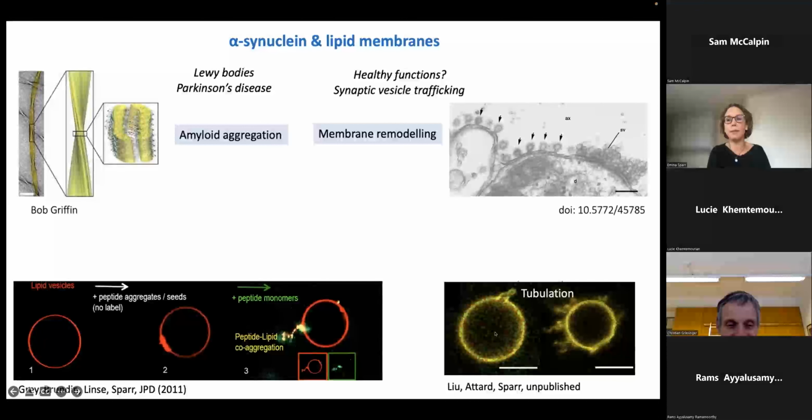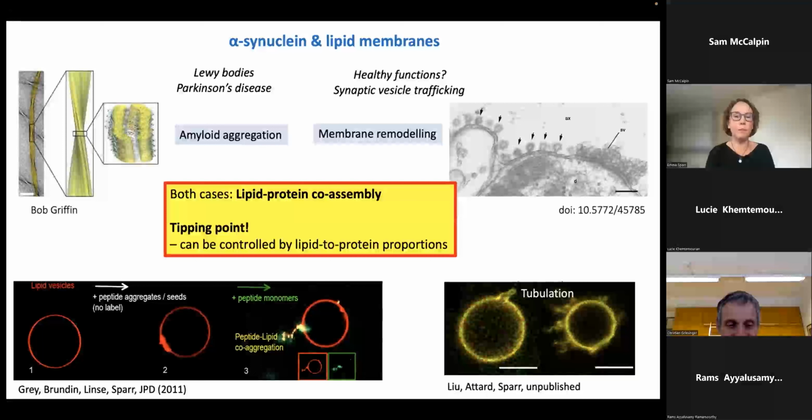At the other end, in a more recent example, we studied the interaction of the monomeric protein and lipid membrane, where the yellow color, an overlay of green and red, indicates that we have both protein and lipids there. Here we see phenomena that are not amyloid formation, but rather membrane remodeling. In both scenarios, it is clear that the interaction between protein and lipid matters.